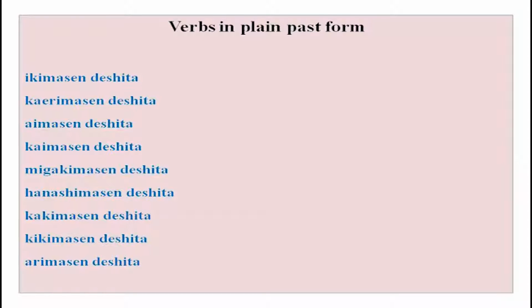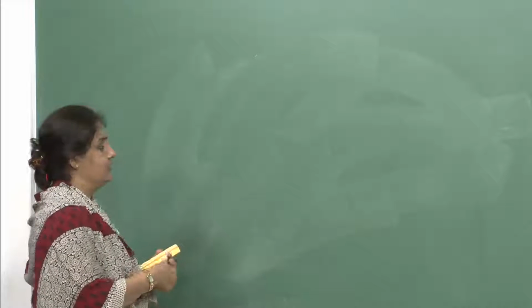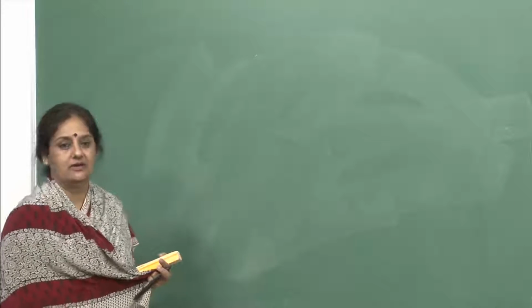Now, we have been doing verbs in plain form. We have done dictionary form, we have done the past form, past plain form, we have done the negative form. Now, today we will do the negative past.